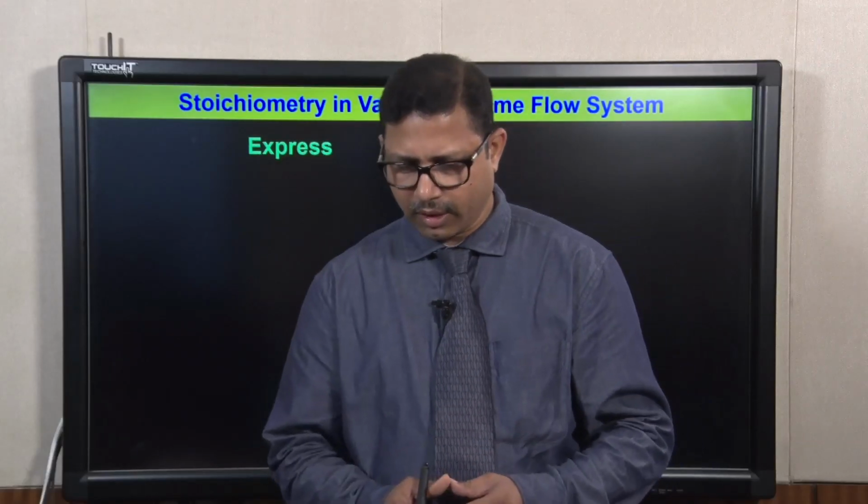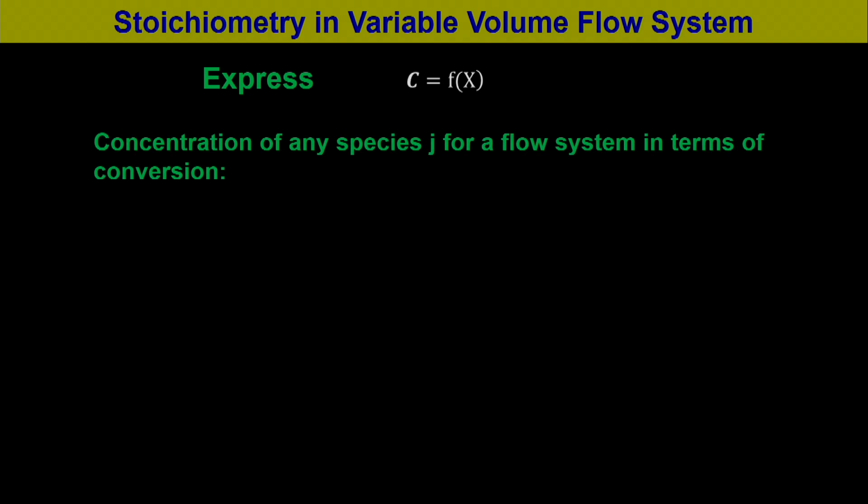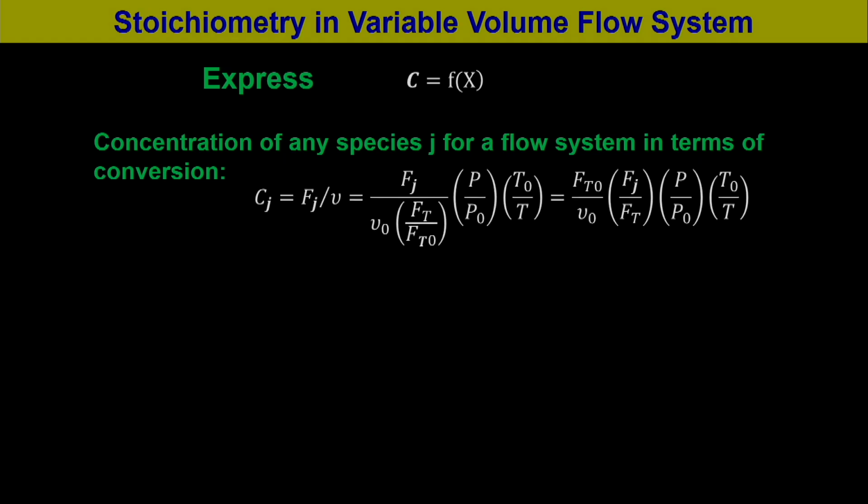Now we want to express concentration in terms of conversion. The concentration of any species J for a flow system can be written as C j equal to F j by V, which is F j by V naught into F t naught by F t into P by P naught into T by T naught.